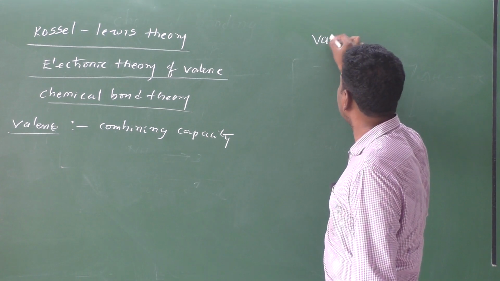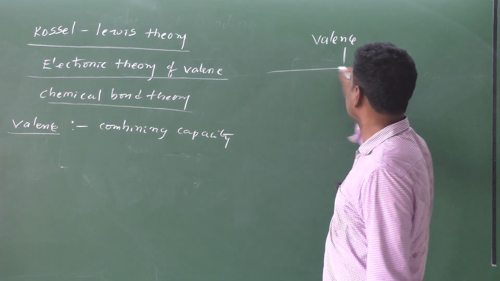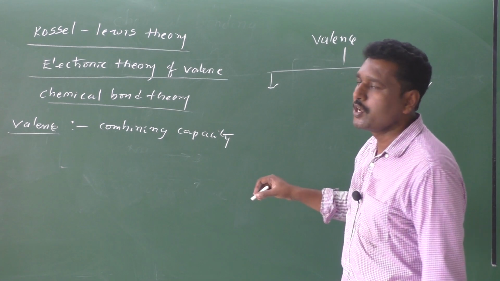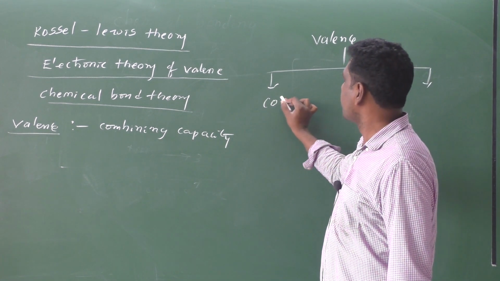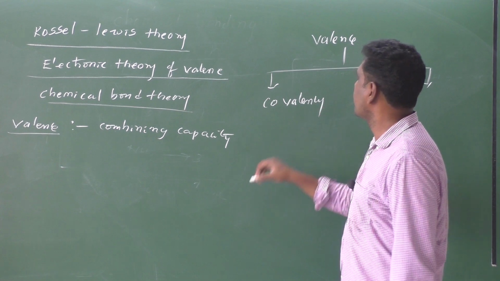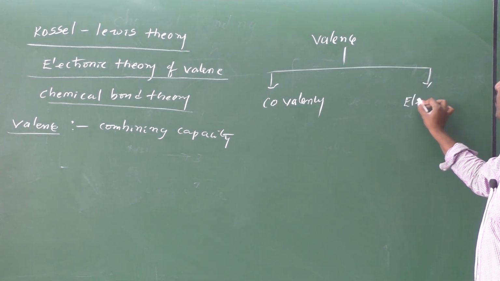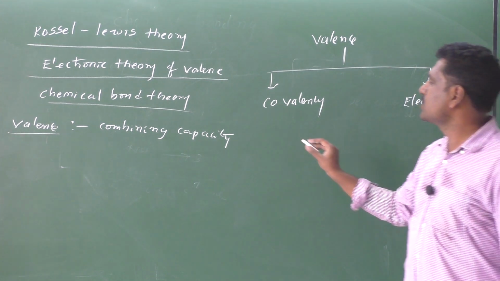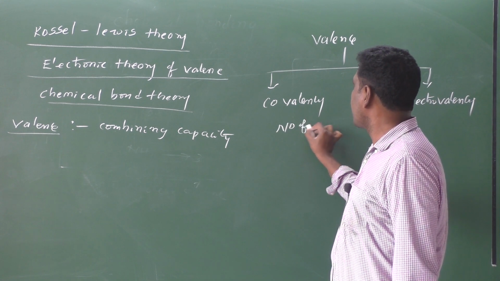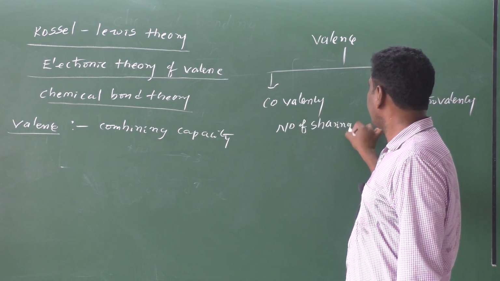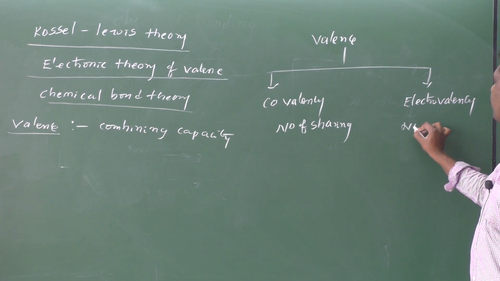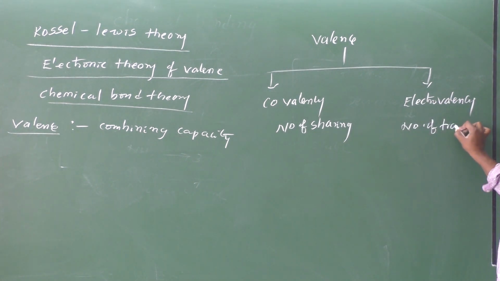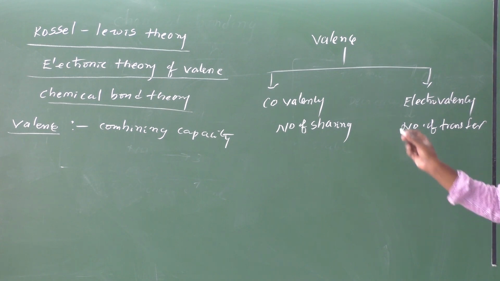Valency is of two types. The first one is covalency, and the second one is electrovalency. Covalency means the number of electrons shared, and electrovalency means the number of electrons transferred.